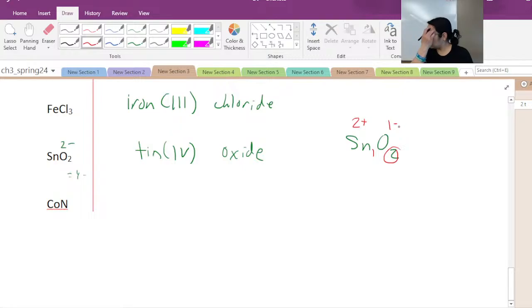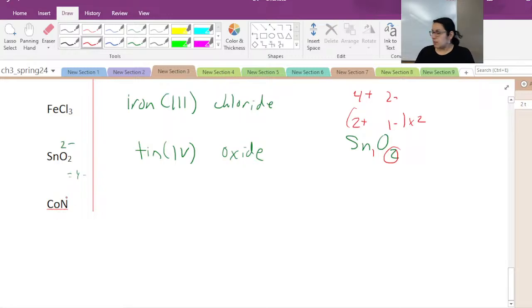And so that's your first hint that, oh, this isn't right. We'd said it was -2. So instead, now we need to multiply everything by that factor. So that gives us our 4 plus and 2 minus back out. So again, these are oxidation states. So 4 plus for tin, 4 minus for oxygen.